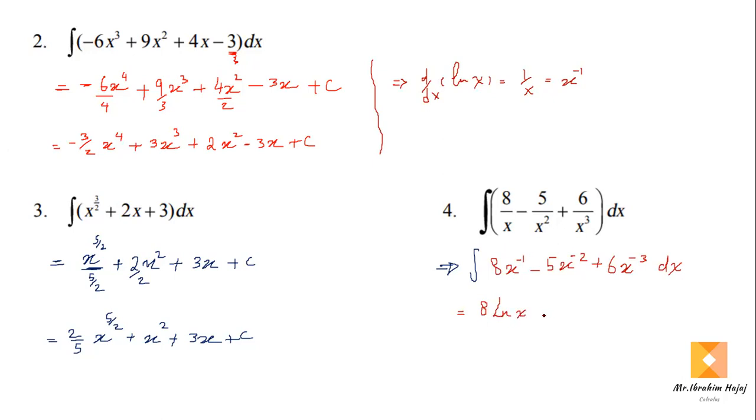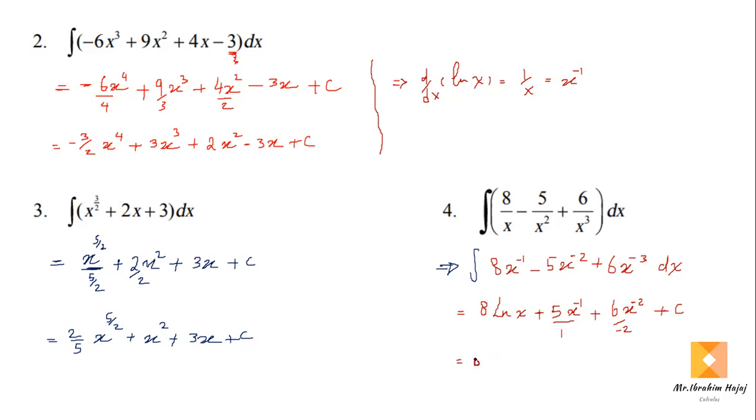Minus 5x to the power of negative 1 over negative 1. You can cancel negative with negative and make it positive. Okay, and then 6x to the power of negative 2 over negative 2, plus c.